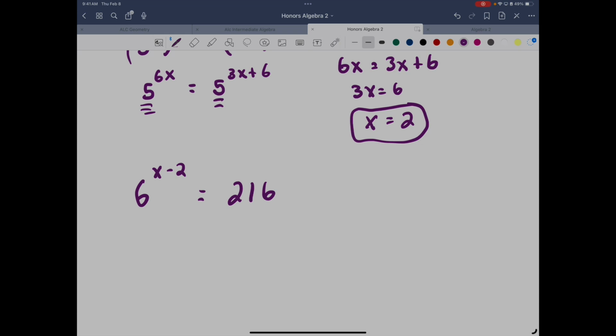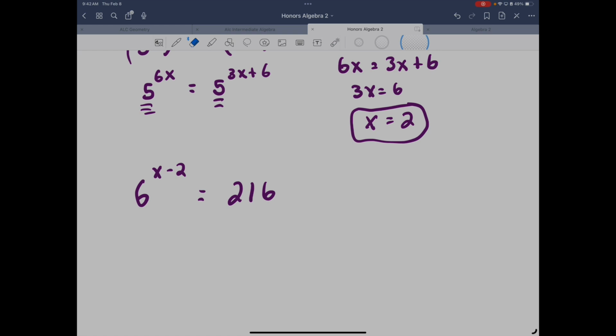Okay, so we want to use the property. As I'm looking at this, it's kind of what's going through the brain. Can you break 6 down? It's not anything squared.